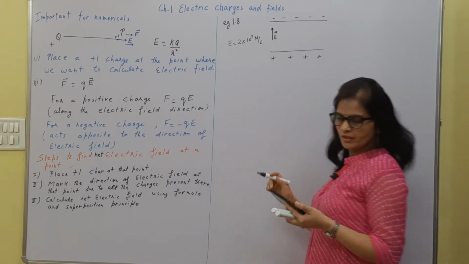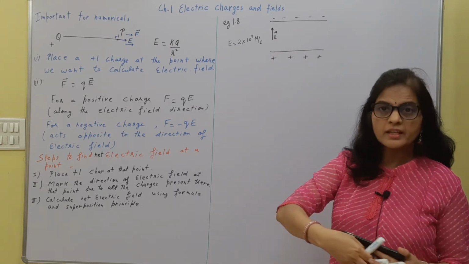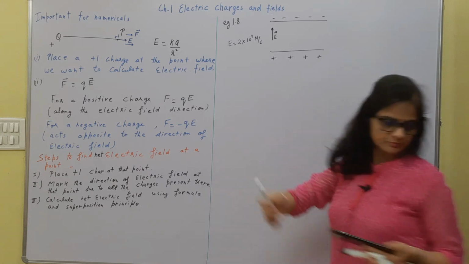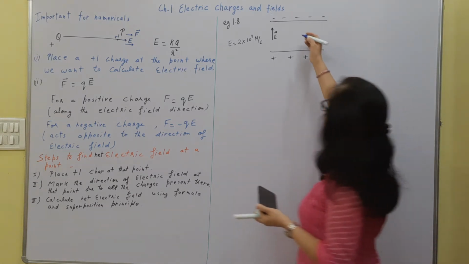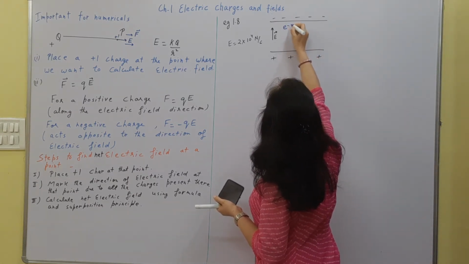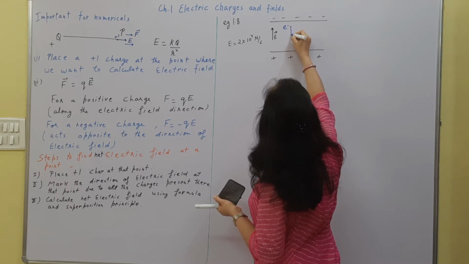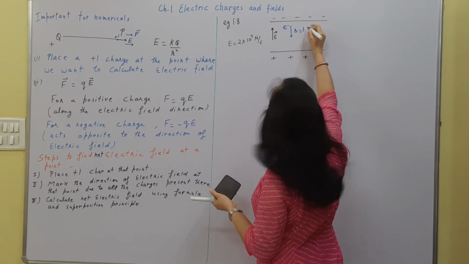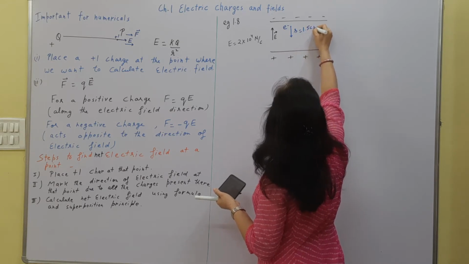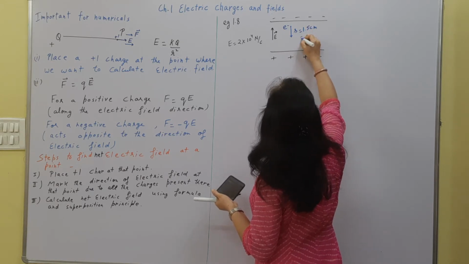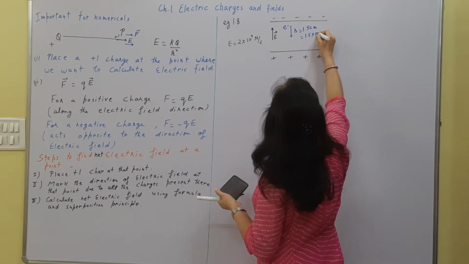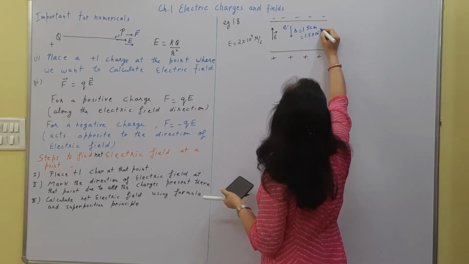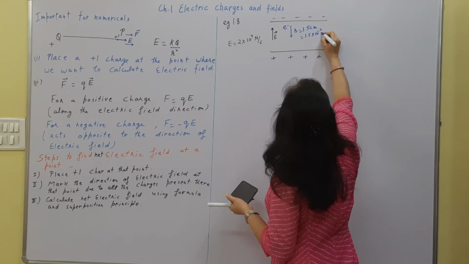So electric field direction is this. And they are saying that the electron falls through a distance of 1.5 centimeter, that is 1.5 into 10 to the power minus 2 meter.